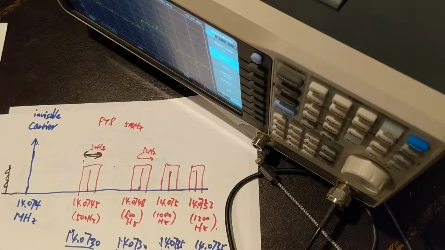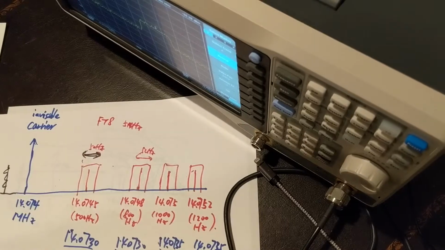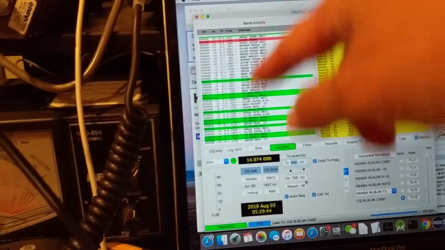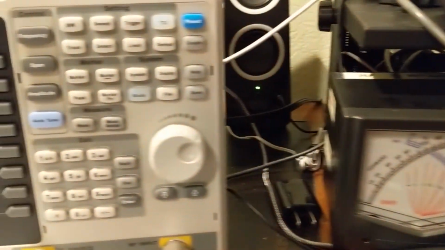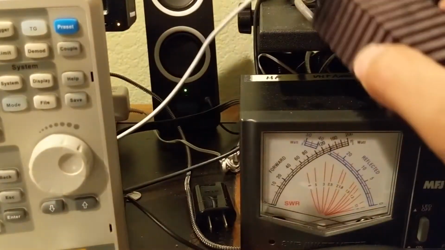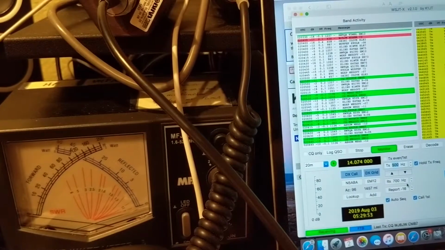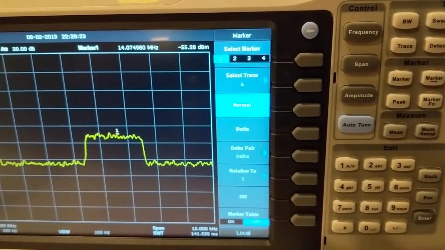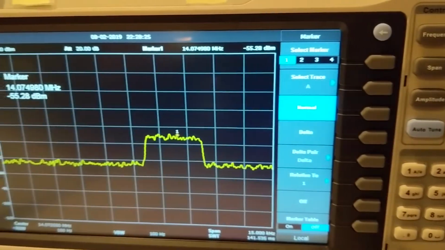So let's take a look and see if this is the case or not. I have a spectrum analyzer, so let's take a look. Okay, I set this frequency back to 500, and this radio is transmitting to a dummy load here. Let me set the power to 100 watts, and the dummy load is 20 dB attenuation.